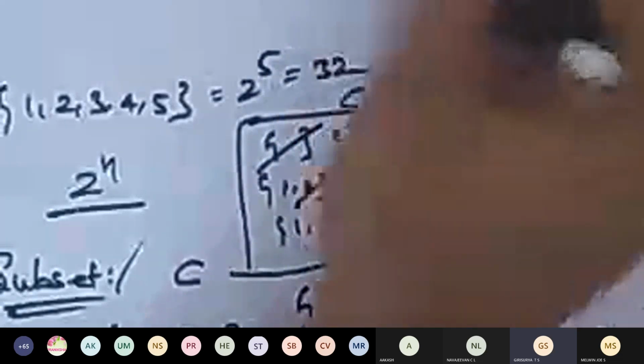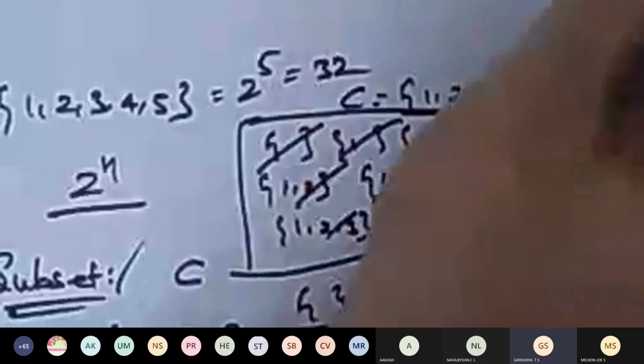Read the other way, B is a superset of A. Right?